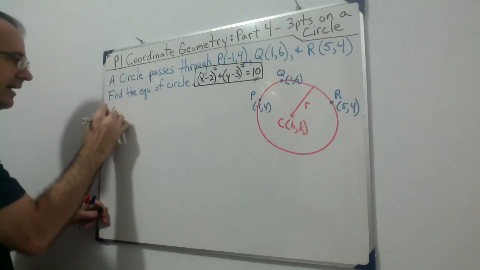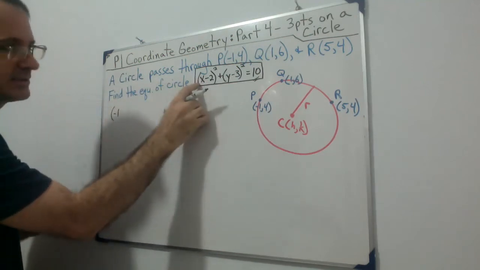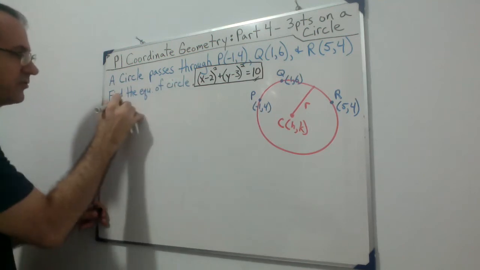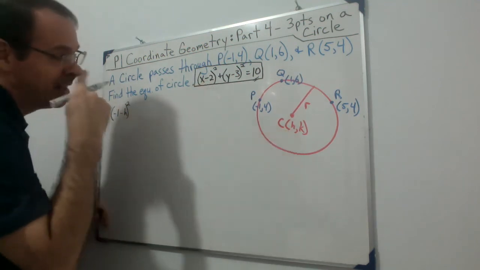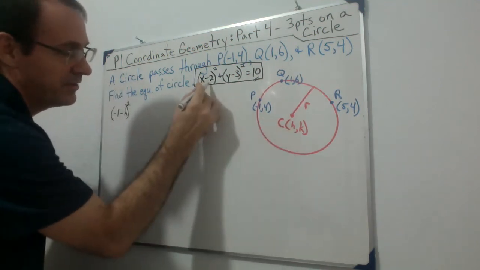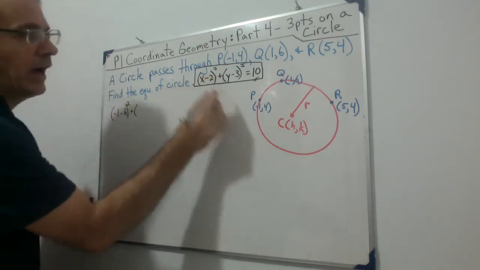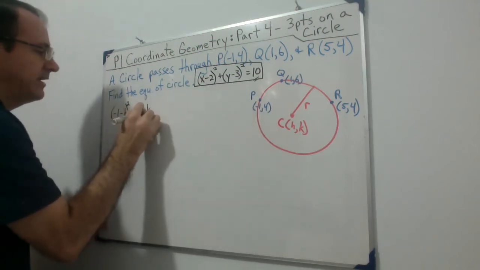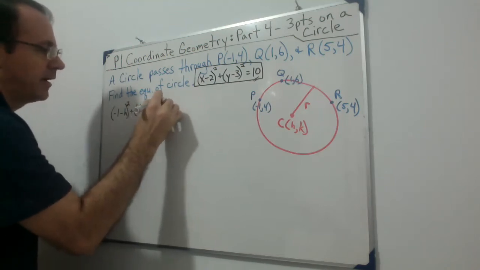We get -1, that's the X, minus H squared, because we don't know what this is, it's an H. This is the x-coordinate of the center. Plus the Y, which is 4, minus K squared equals R squared.